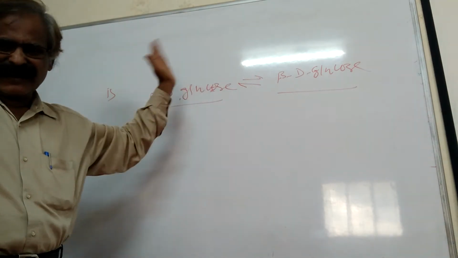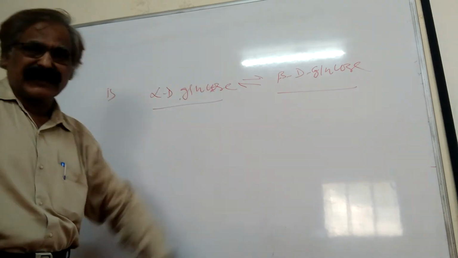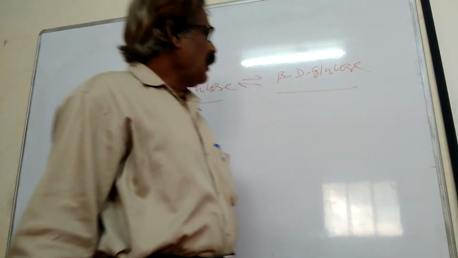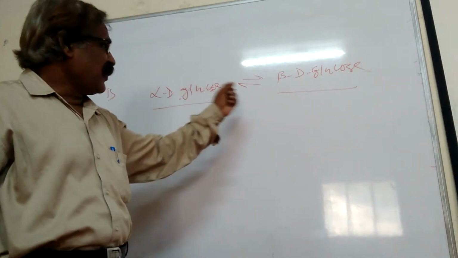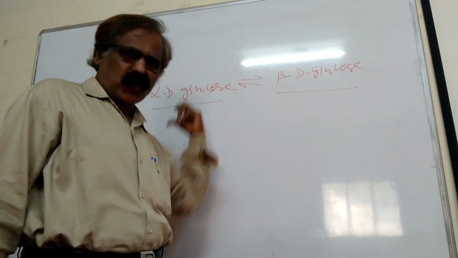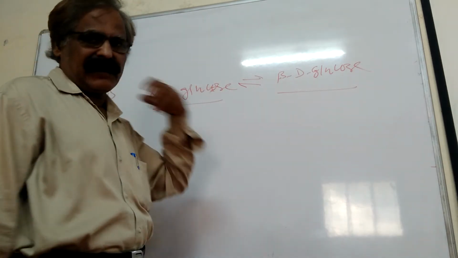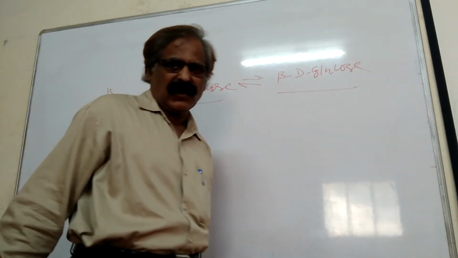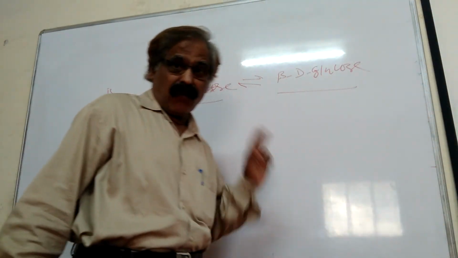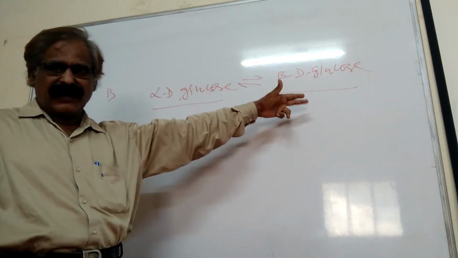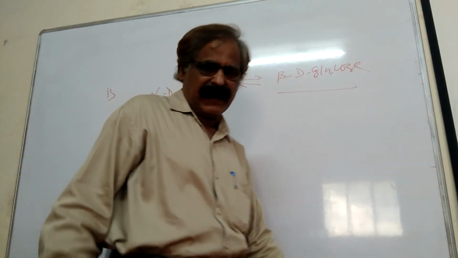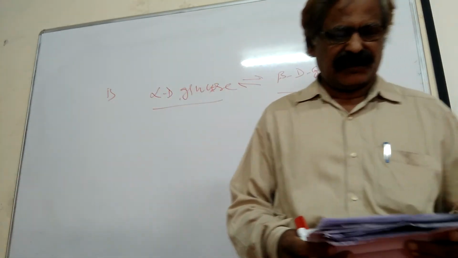This conversion is the forward reaction, and beta D-glucose is converted back into the original reactant alpha D-glucose, which is the backward reaction. So this reaction occurs in both directions, and therefore is known as an opposing reaction.